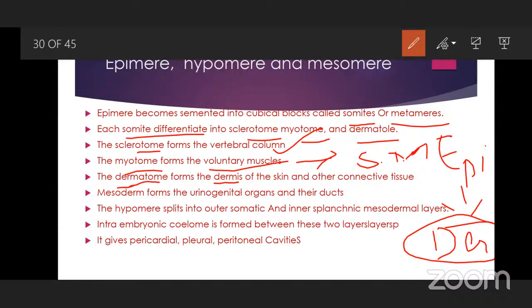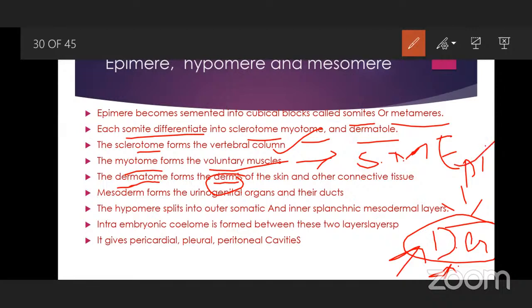Let's talk about the dermis only. The dermis has a rich supply of blood vessels as well as lymph vessels, and there is a supply of nervous tissue also to the dermis layer, whereas there is no supply of blood vessels or nervous tissue to the epidermis.